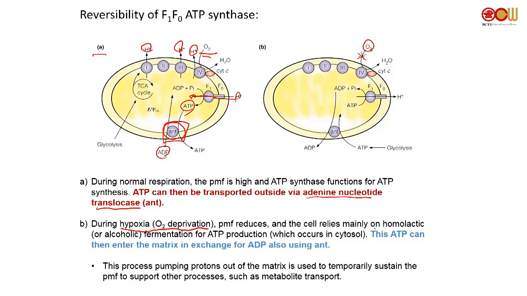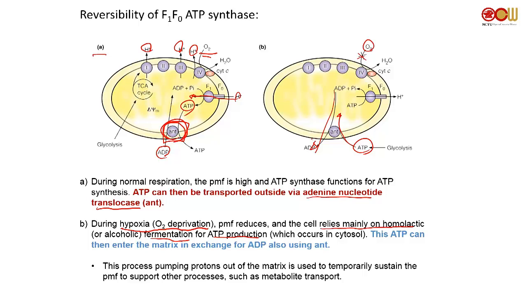So the cells, like we said previously, will rely mainly on homolactic fermentation for ATP production, so it's going to be from the outside, from glycolysis. Now, obviously, if ATP is generated on the outside, where does ADP come from? This is the reverse reaction of the figure on the left, where ATP can go in and ADP can come out, using the same protein.